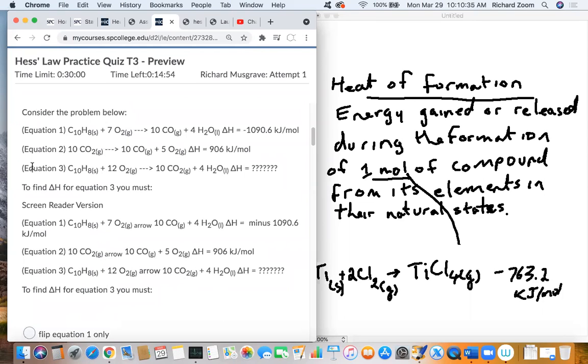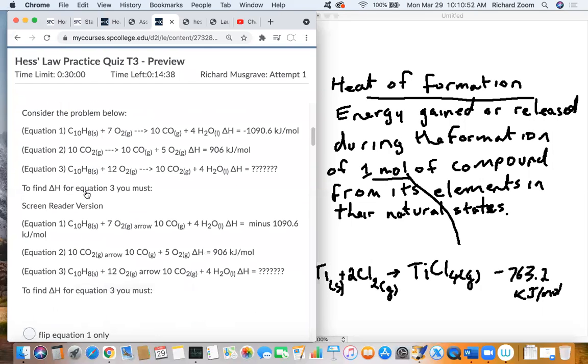And the third equation, this is the one we want, the one that has the unknown delta H on it. So you're being asked, well, what do you have to do? You can see it's all about flipping, not about multiplying. So the question you're asking is, is C10H8 on the same side? On the right side? Yes, it is.